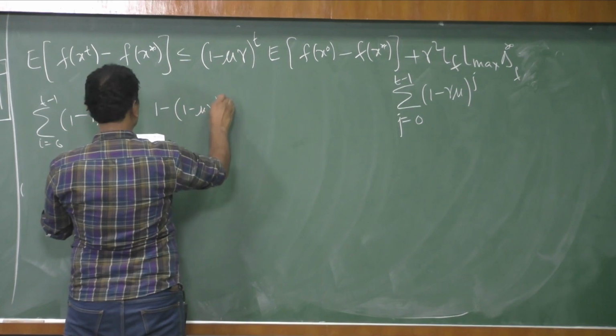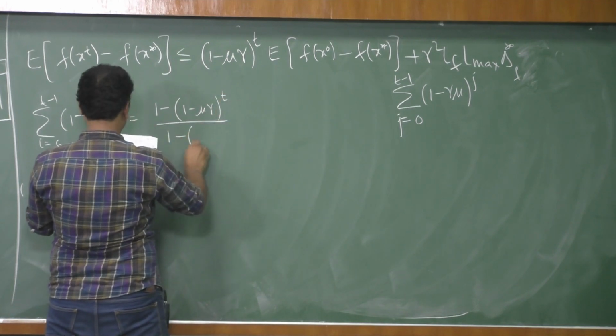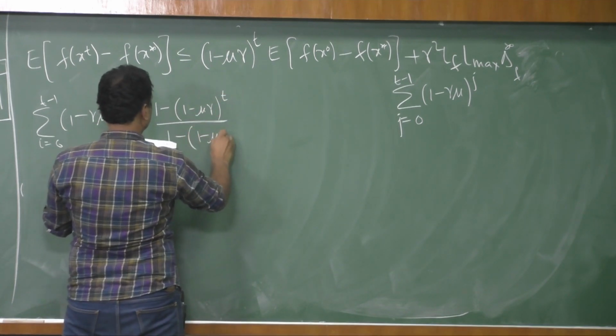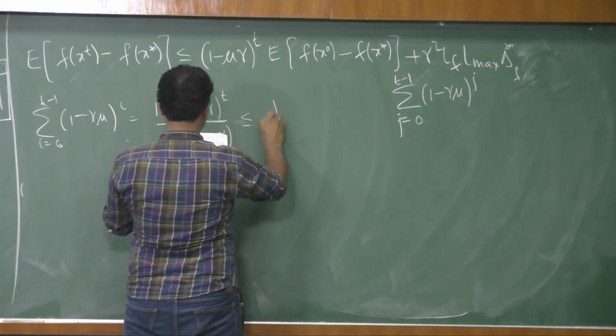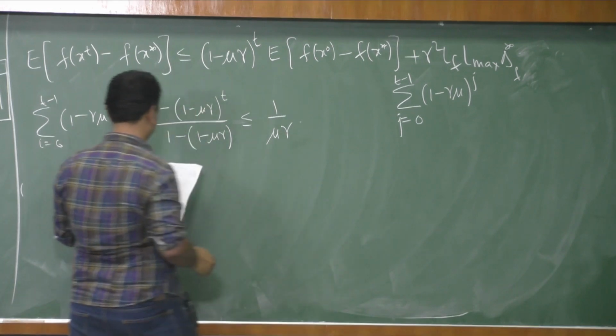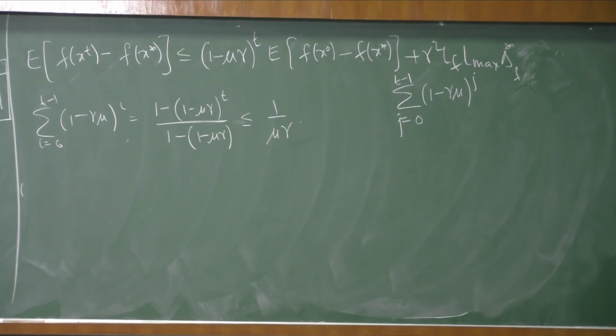So this is 1 minus (1 minus mu gamma) to the t, divided by mu gamma, and this is less than equal to 1 by mu gamma. So if we substitute this, then that last term will be less than equal to 1 by mu gamma.